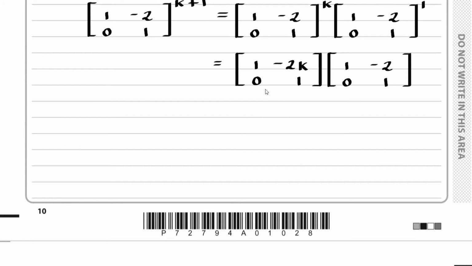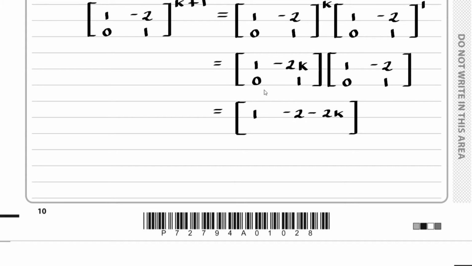And at this point, we need to multiply the matrices together. So, we have 1 times by 1 plus negative 2k times by 0, that's just 1. Then we've got 1 times by negative 2 plus negative 2k multiplied by 1, so that's negative 2 subtract 2k.